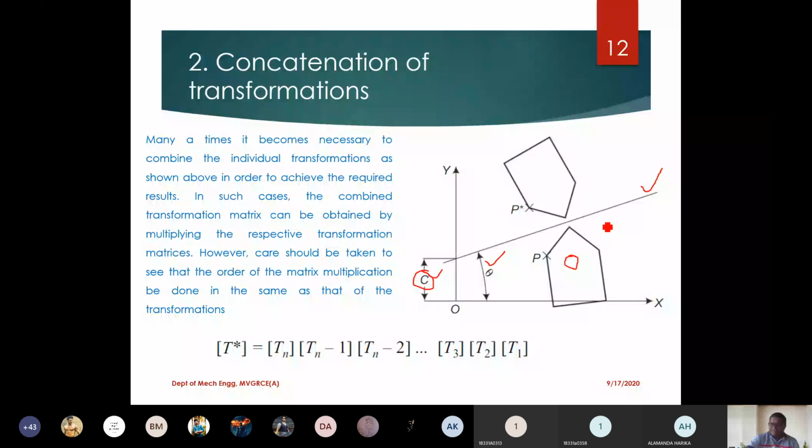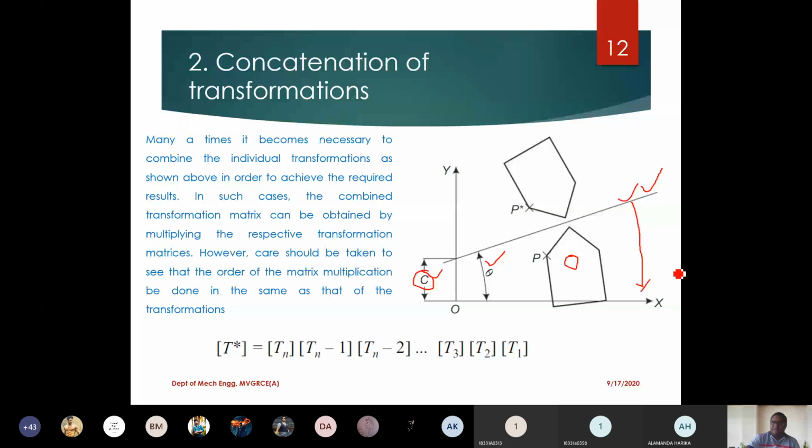So my next task is, can I simply rotate, because theta is there? If I rotate this straight line by minus theta, what will happen?